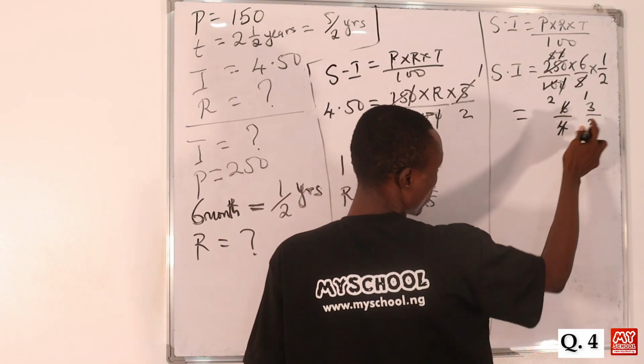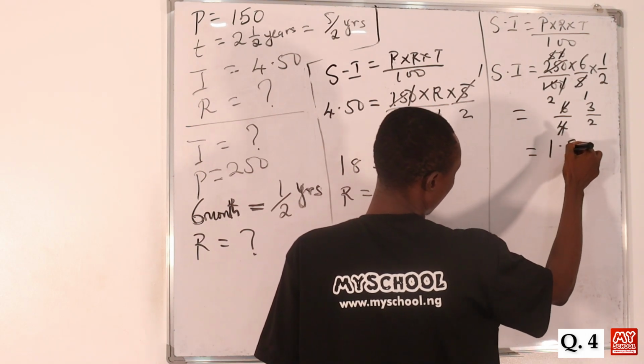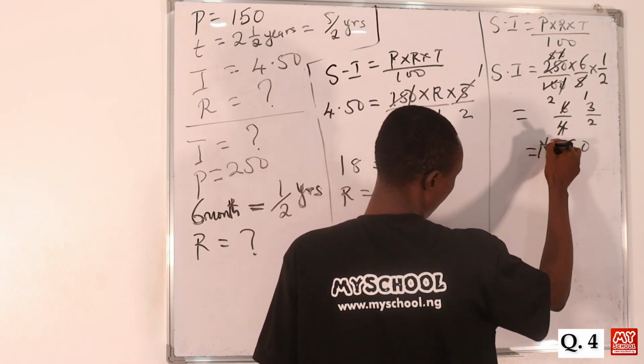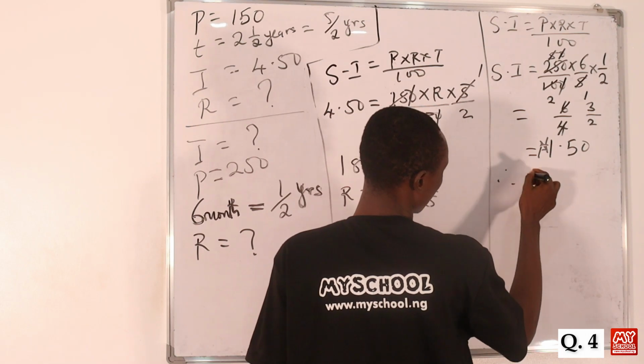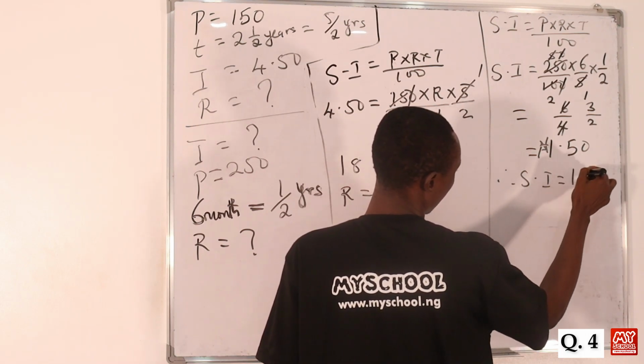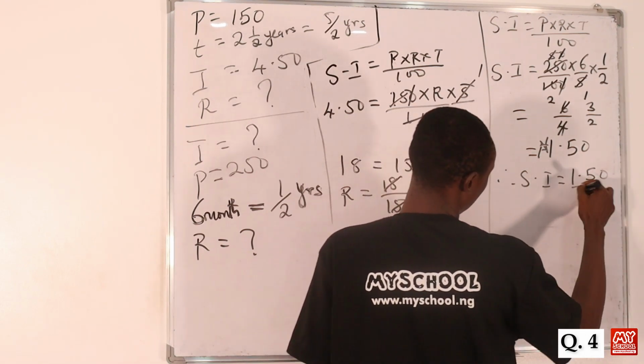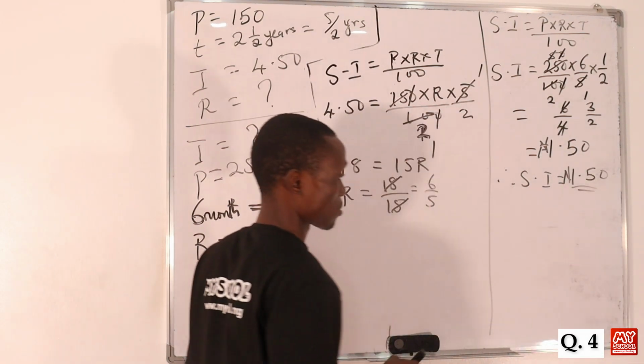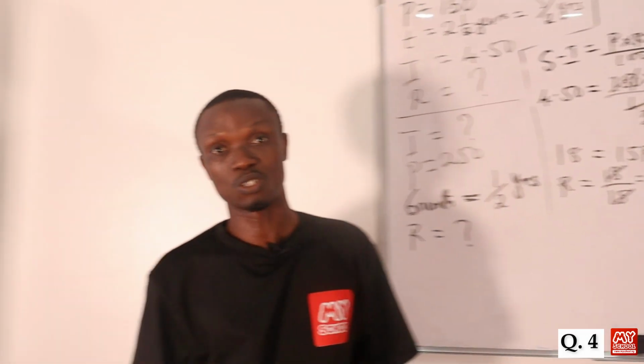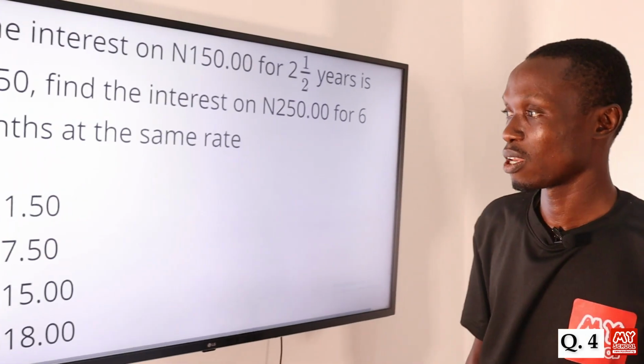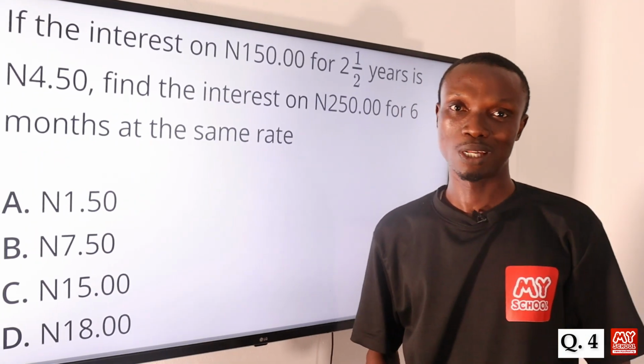So 3 divided by 2 is equal to 1.50 naira. So the new simple interest is equal to 1.50 naira. Let's return to the screen to pick the correct answer to this question, and that is option A, 1.50 naira.